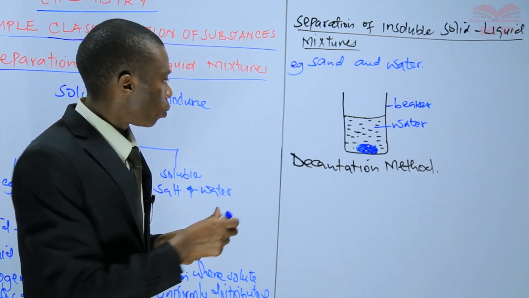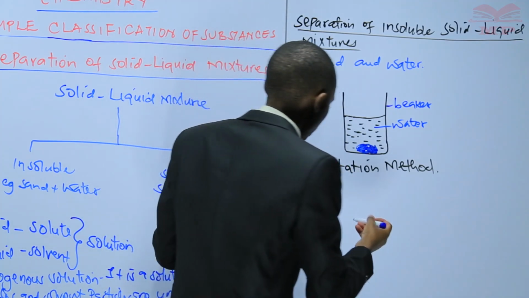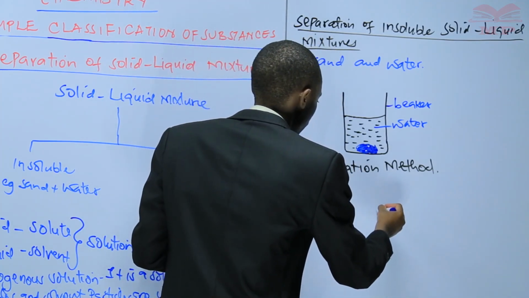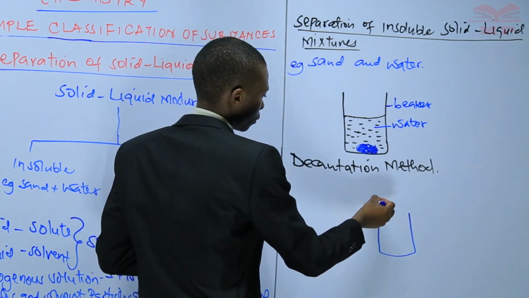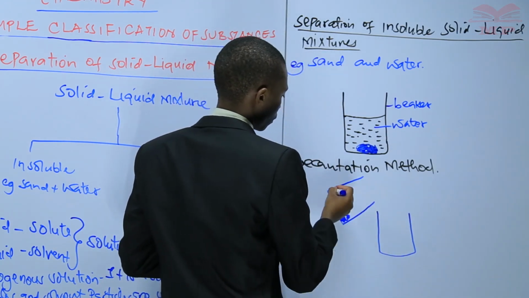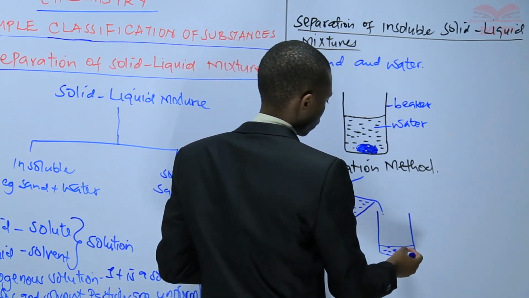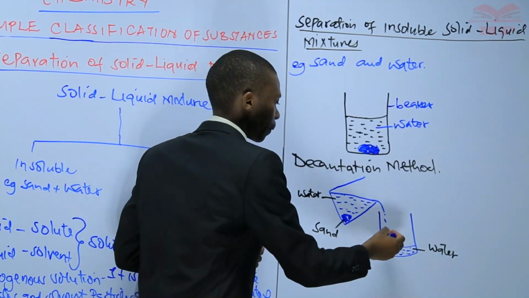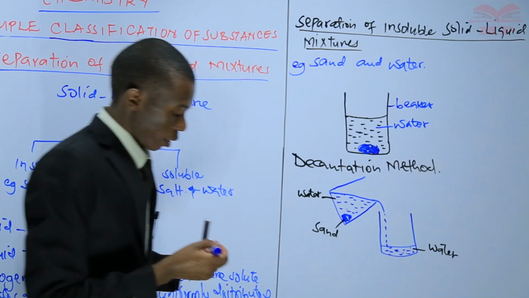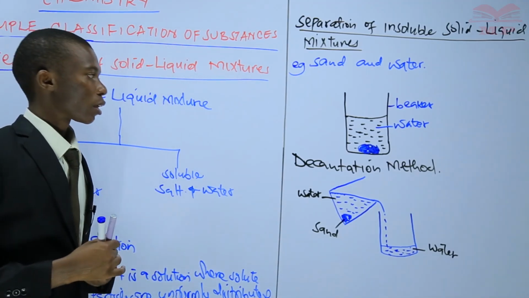And therefore, we will have this. So this is the clean beaker we have. That is the method we are calling decantation.